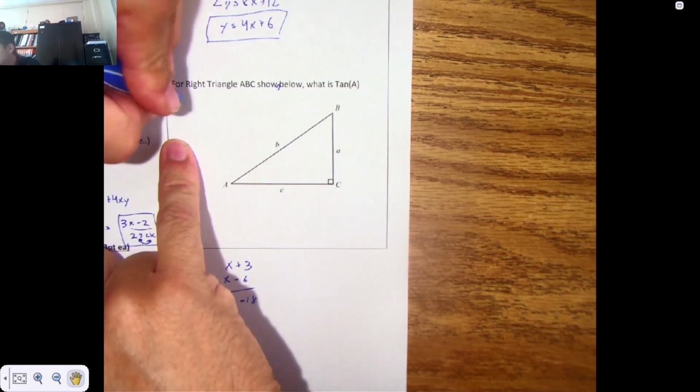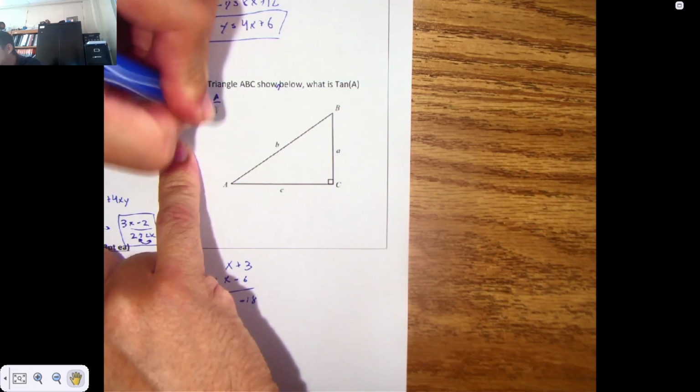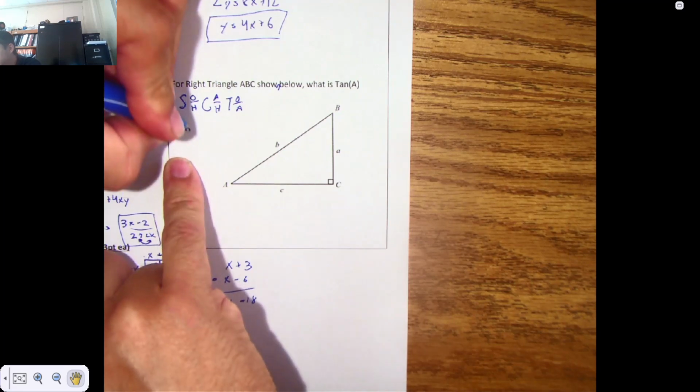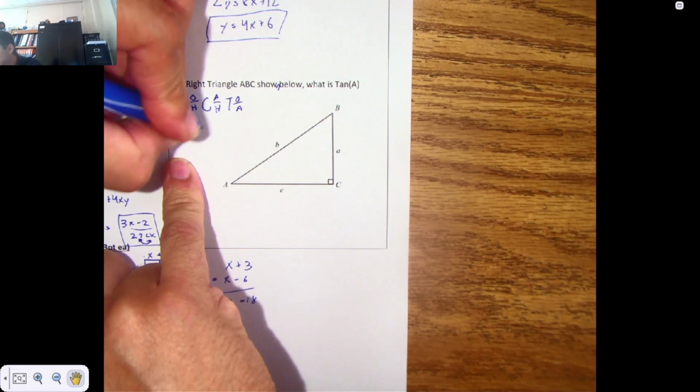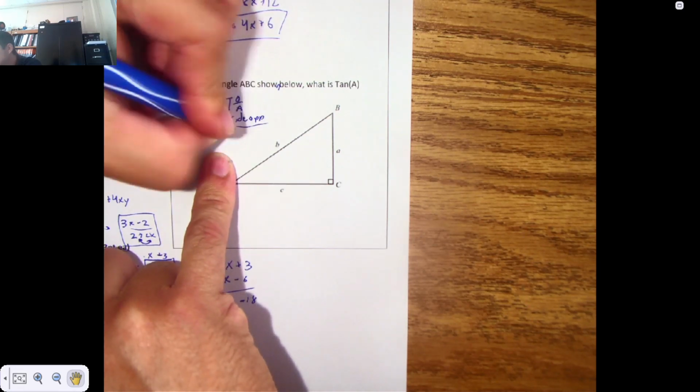For right triangle ABC shown below, what is the tangent of A? So you were taught an acronym last year with Miss Cantrell called SOHCAHTOA. The sine of an angle is the side opposite over the hypotenuse.